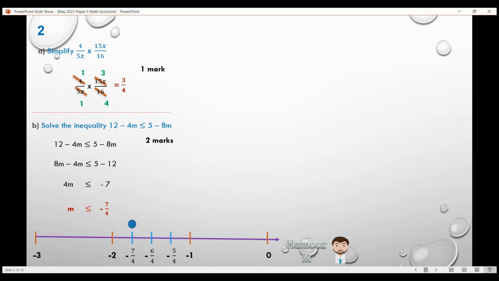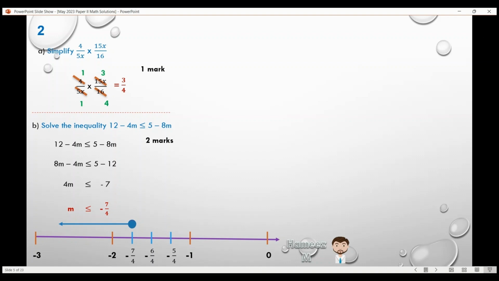If you look at the arrow, it means pointing to the left. So we can draw an arrow as such. Therefore, our inequality, which we have solved, is telling us that if m is equal to minus 7 over 4, or any number to the left, the inequality will work. But if it's any number to the right, it will not work.